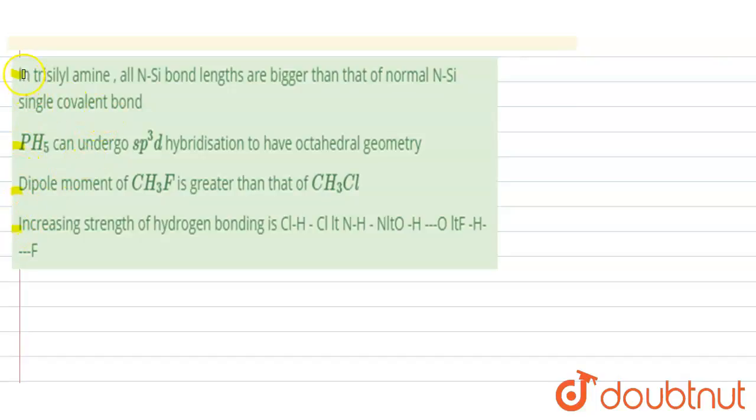The first statement says that in trisilylamine, all N-Si bond lengths are bigger than that of normal N-Si single bonds. The explanation would be like this.